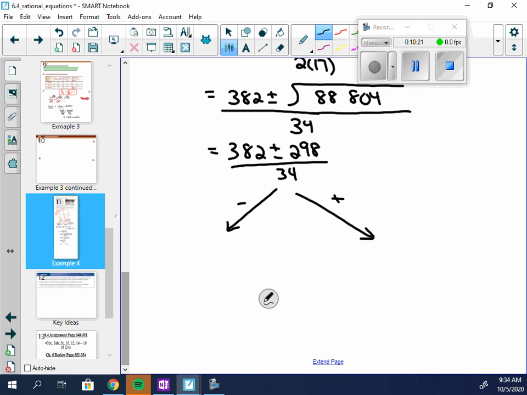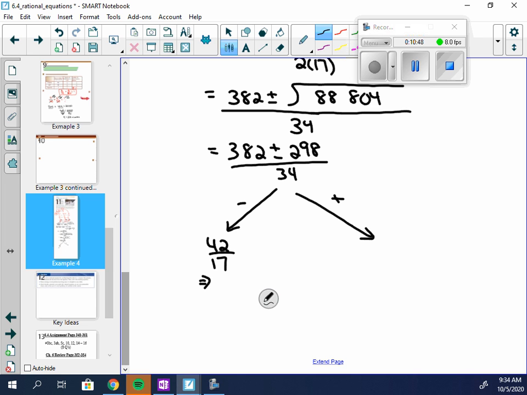Okay, what are your two answers? One's going to be a nice whole number. One will be a fraction. I think the minus one ends up being a fraction. It doesn't end up being a negative number, which is okay. So what do you get as a fraction for the minus one? 42 over 17.